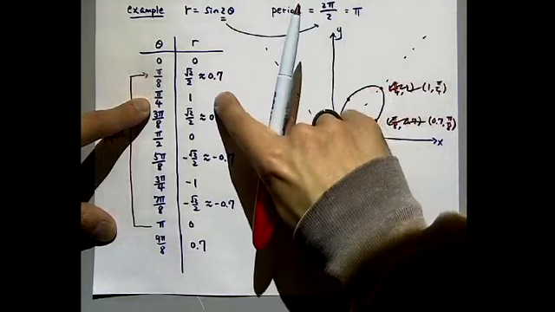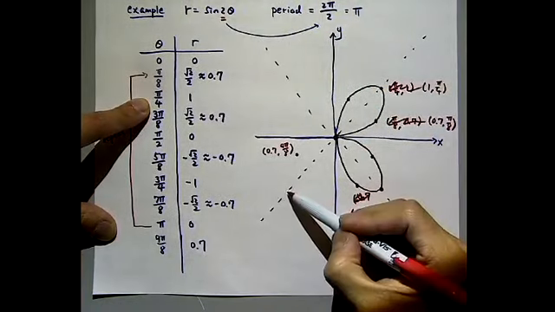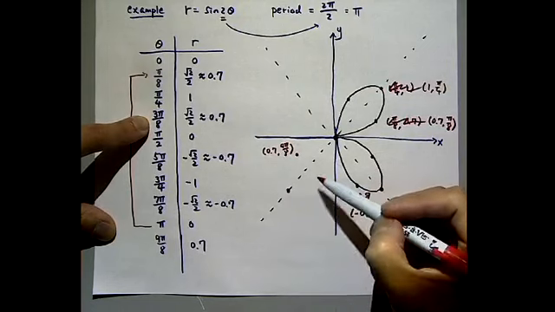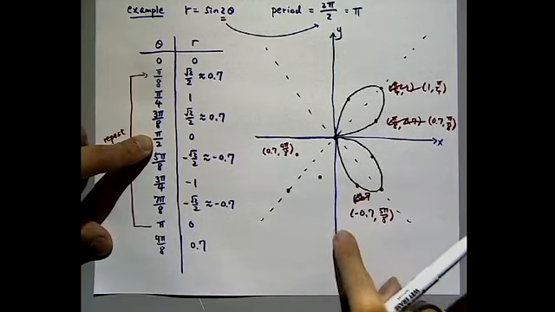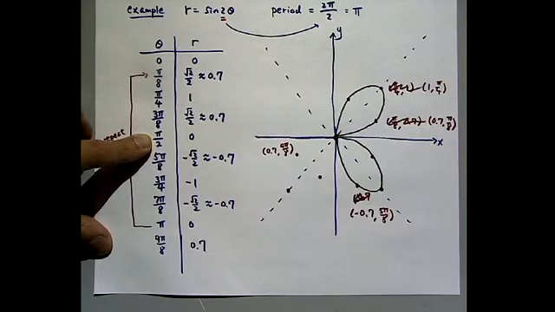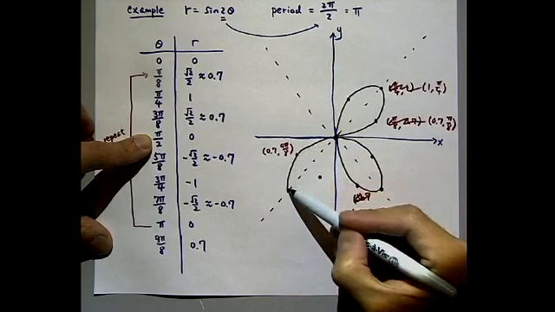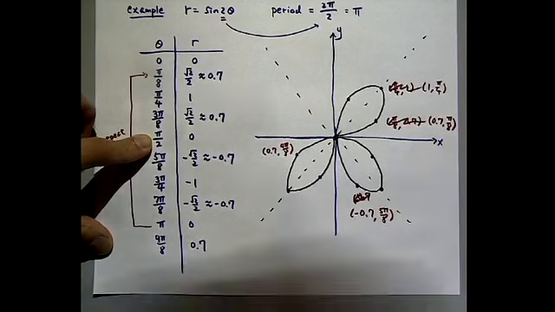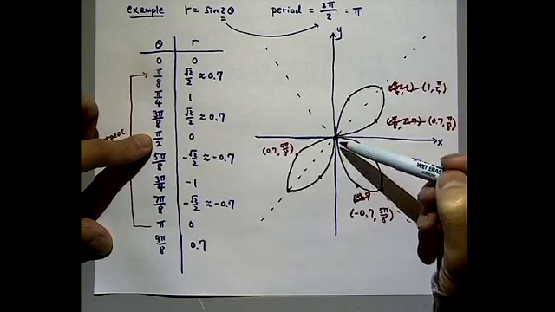And this is 10 pi over 8, which is right here. 11 pi over 8, 0.7, and 12 pi over 8, 0. Here's the next petal. Right? That 12 pi over 8?